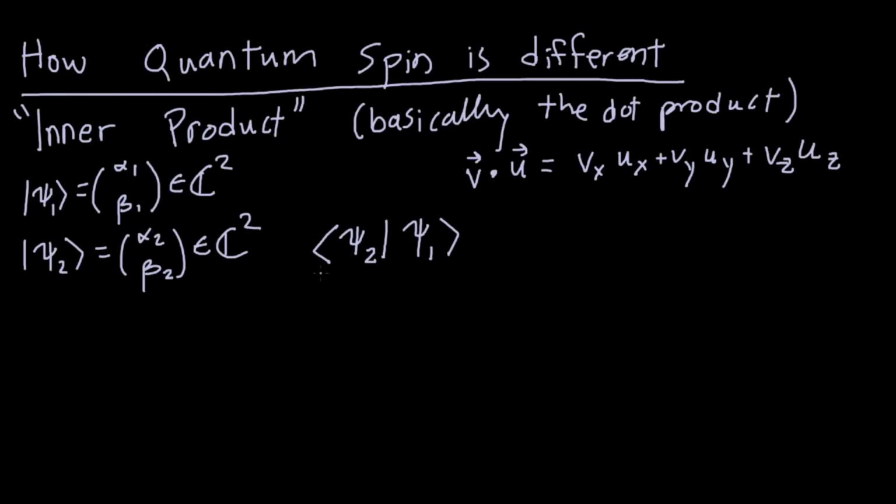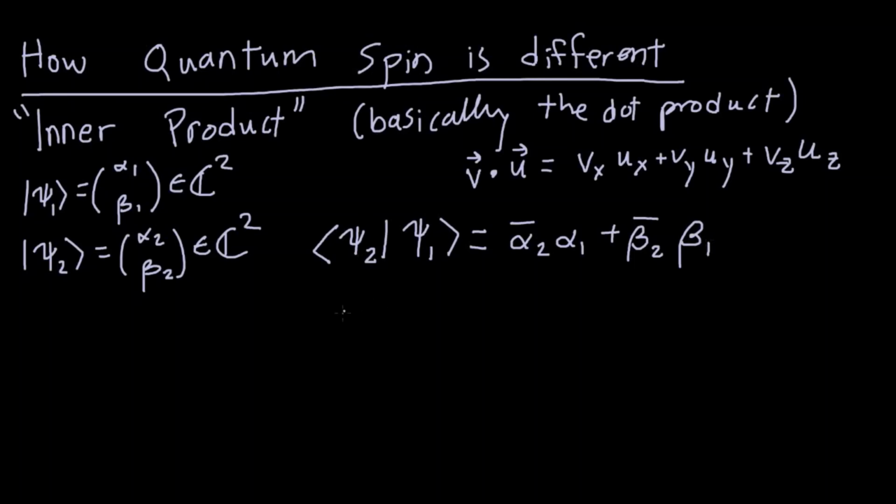This is called the inner product of psi1 and psi2, and it's equal to alpha 2 bar, complex conjugation, times alpha 1 plus beta 2 bar times beta 1.